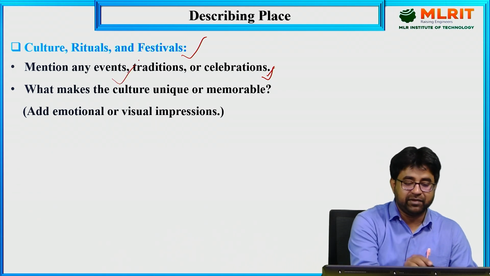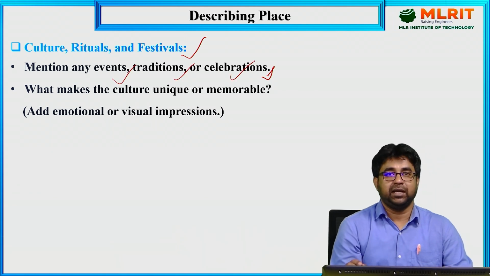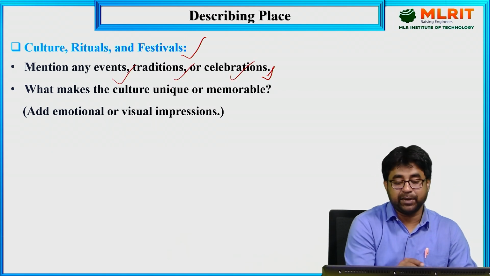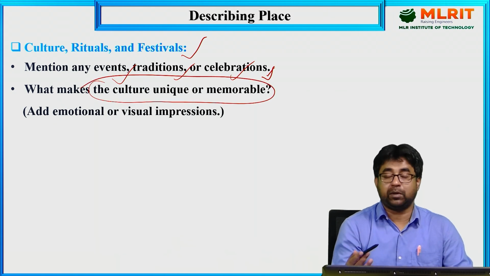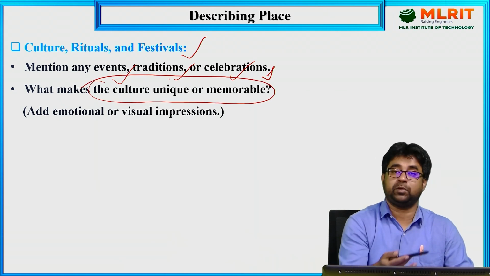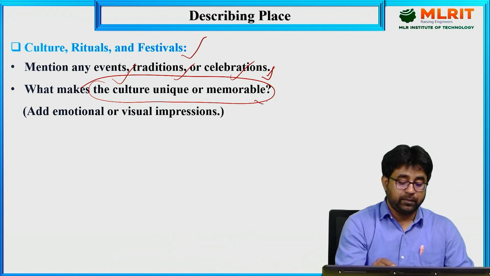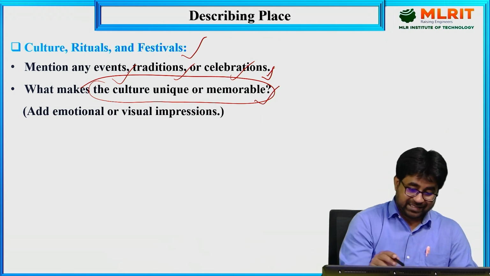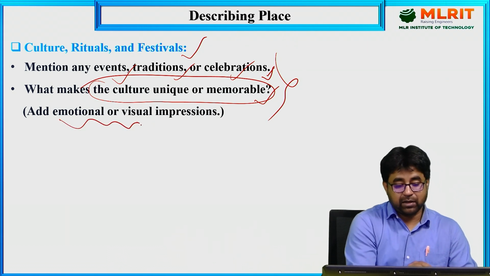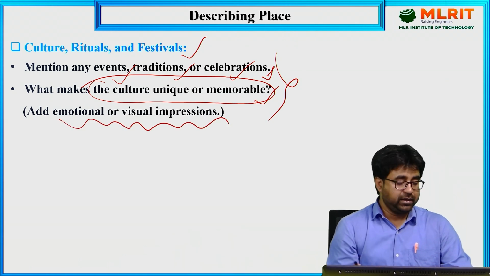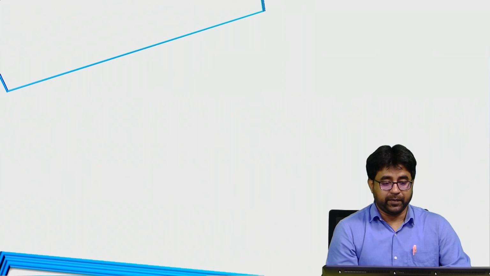So mention any events, traditions, or celebrations if you have experienced them. What makes the culture unique or memorable? If you have observed certain unique features about their culture, about their traditions, about their events, you can talk about those things also. So what does this particular portion do? It adds emotional or visual impressions. Fine. So this is also very important.